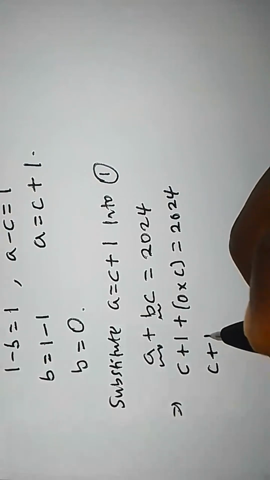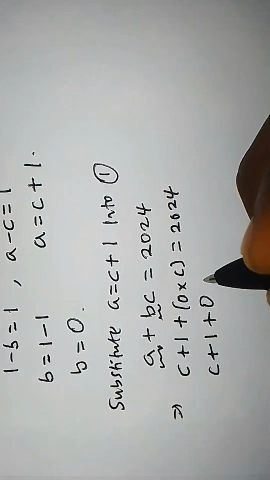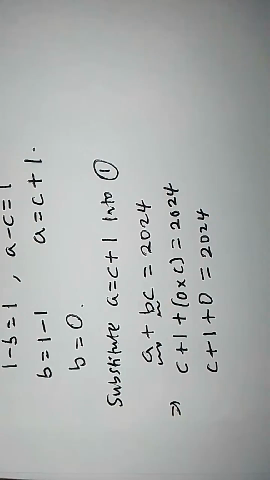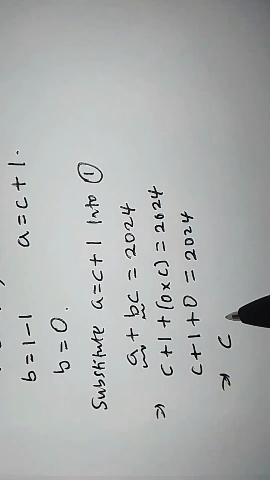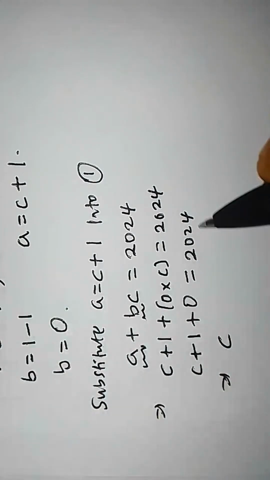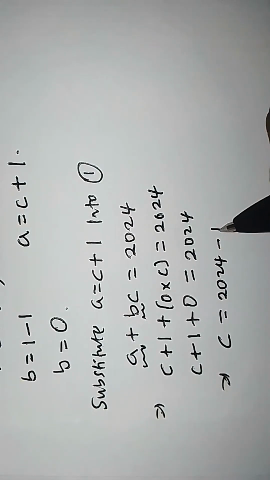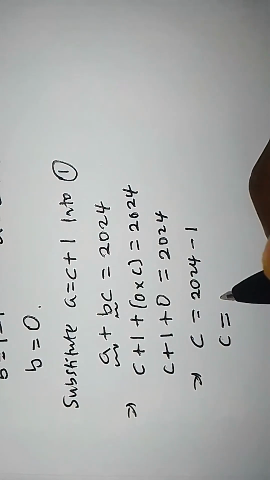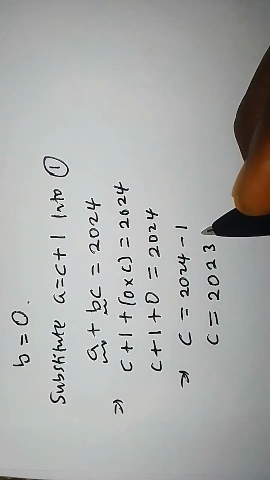We have C plus 1 plus 0 times C, that is 0, equals 2024. This means that we have C plus 1. If we move that 1 to the right hand side, we simply have 2024 minus 1. C equals 2024 minus 1, that is 2023. This is the value of C.